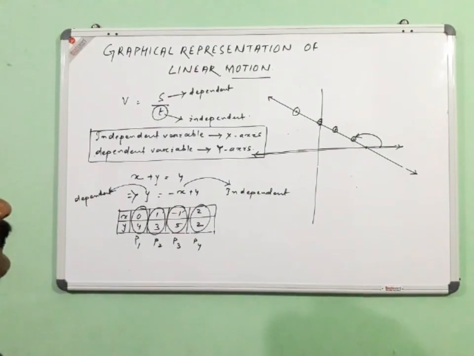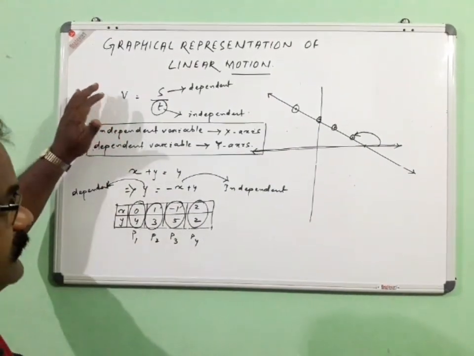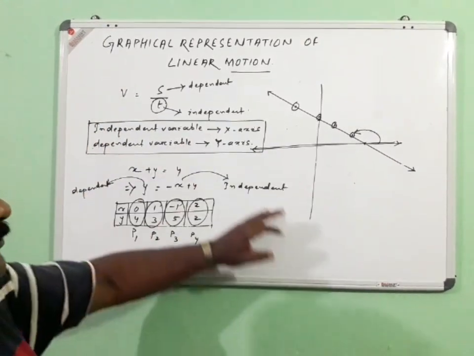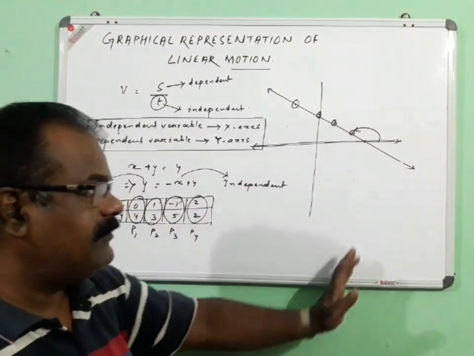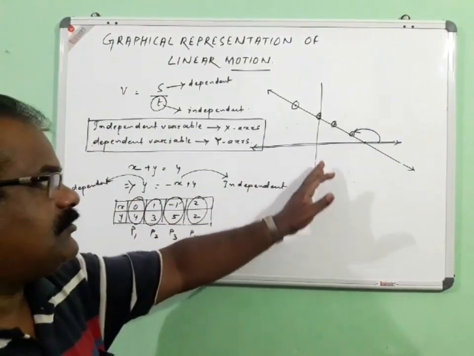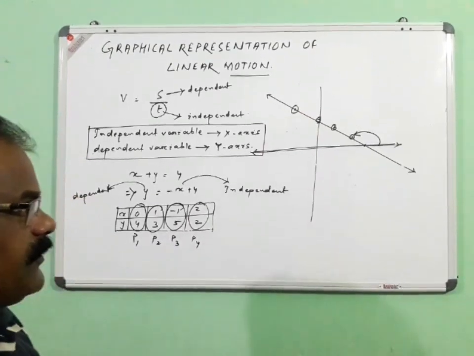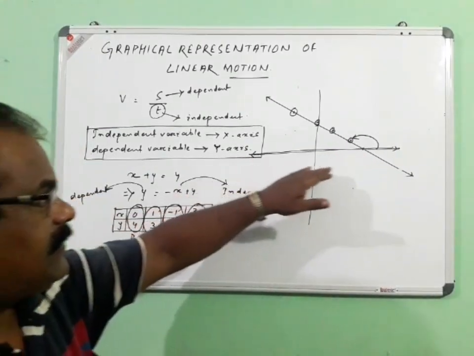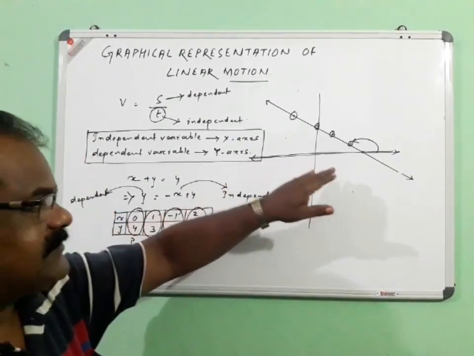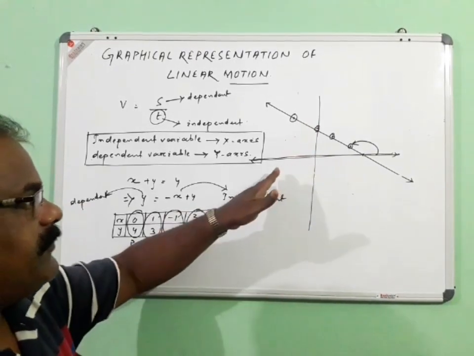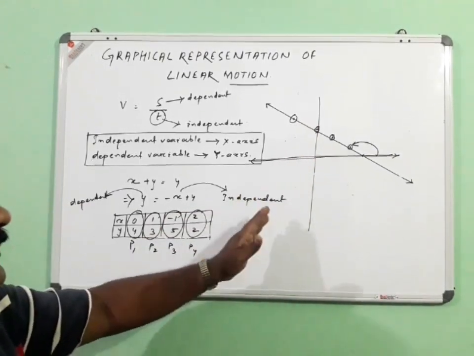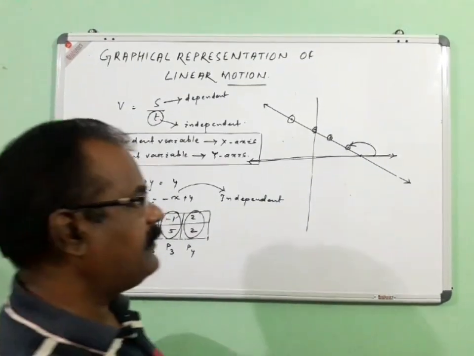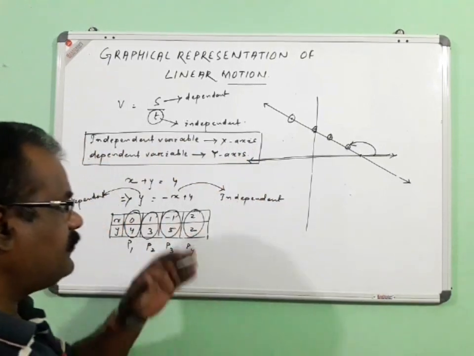So irrespective of the nature of the physical expression, every time there must be a graph which may intersect the two axes at two points, or it may be aligned on a particular axis, the x-axis or y-axis, or it may be on the negative side. Whatever it may be, definitely it must be making a certain angle with respect to the baseline, otherwise the x-axis. That is what is said to be the inclination.